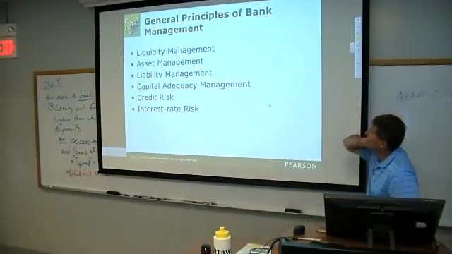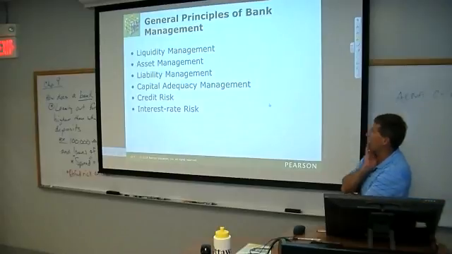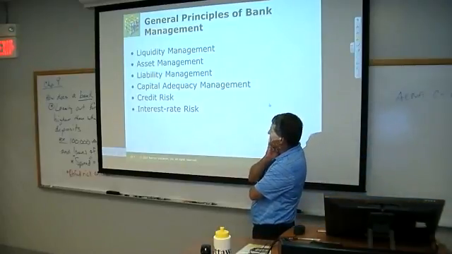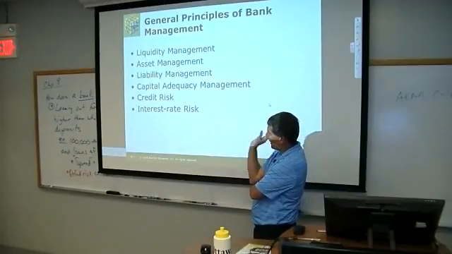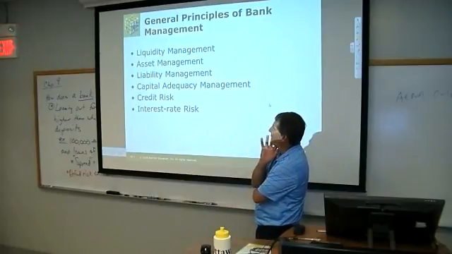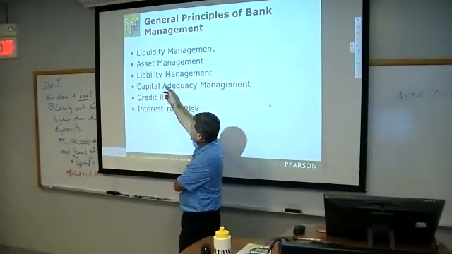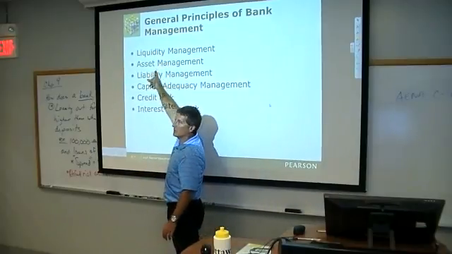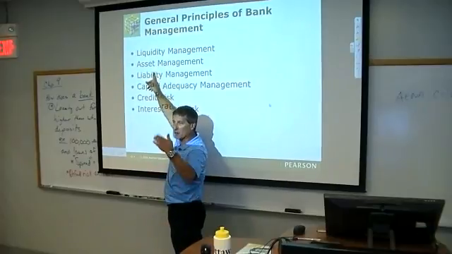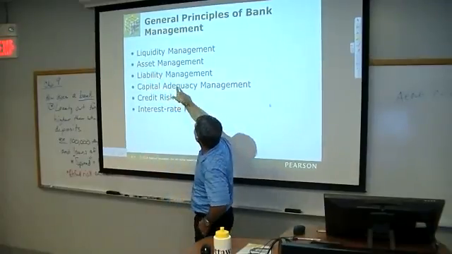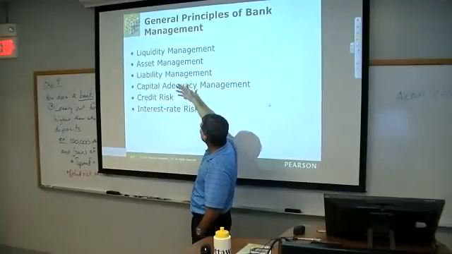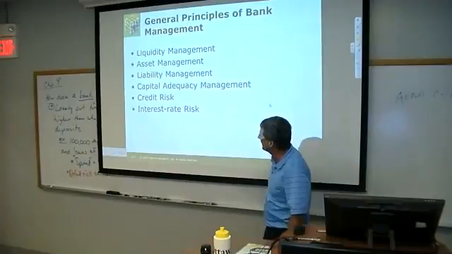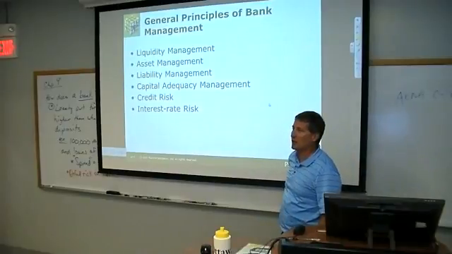So here are the things we're going to look at as we manage the bank. Liquidity, our assets, our liabilities, things that we've touched on already. Liability management meaning deposit management, that was our main liability. Our asset management, our loan portfolio, we have to think about the loan side. Liquidity, the terms of each one. Capital adequacy, how much the bank has in. Credit risk and interest rate risk.